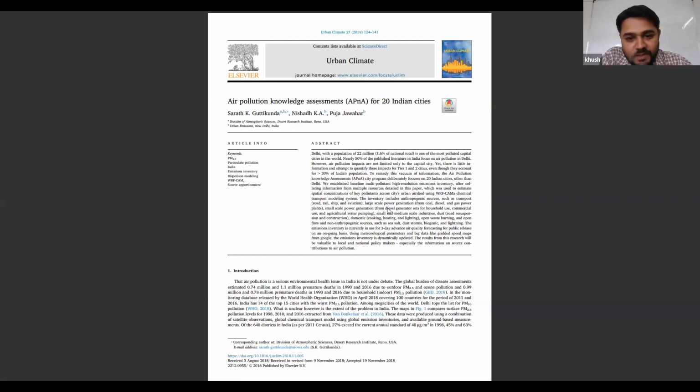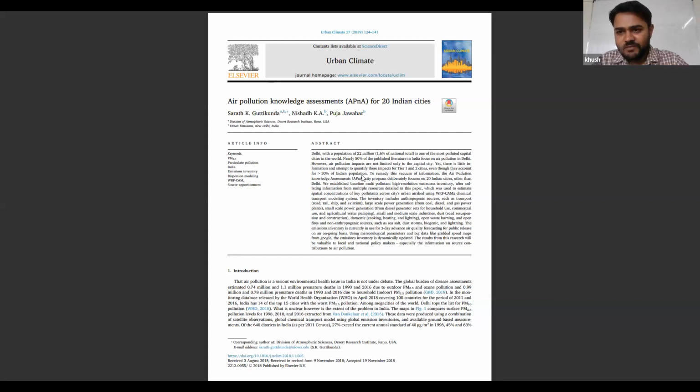In the second sentence of the abstract, he has written, however, air pollution impacts are not limited only to the capital city, yet there is little information and attempt to quantify these impacts for tier 1 and tier 2 cities, even though they account for more than 30% of India's population.